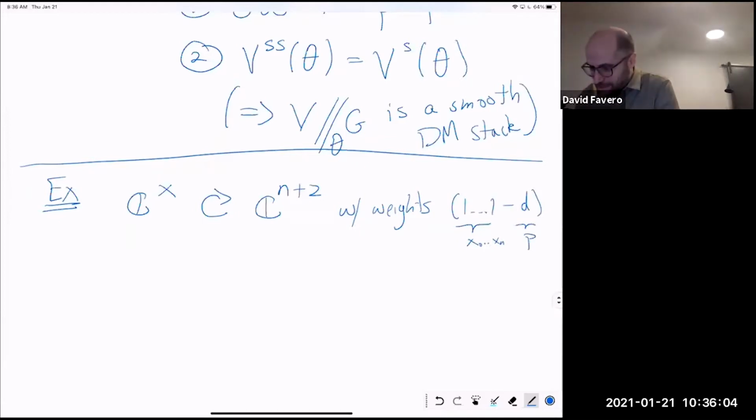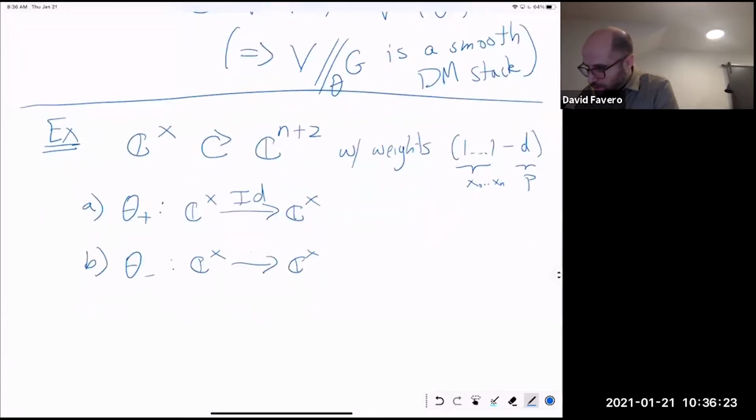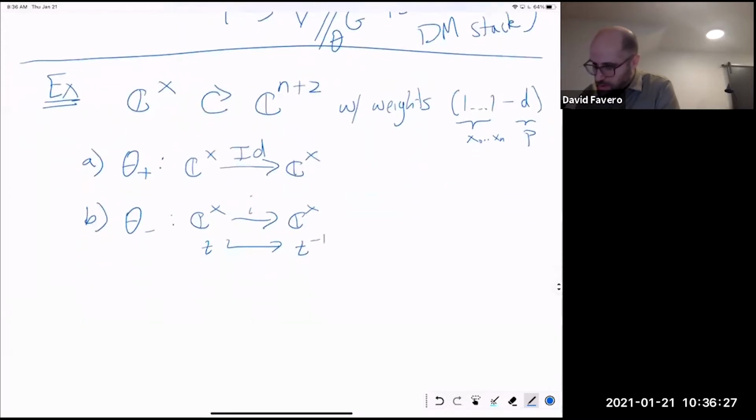Then I'll have two different choices of character. One is C star to C star by the identity, and two is C star to C star by inversion, so t goes to t inverse.